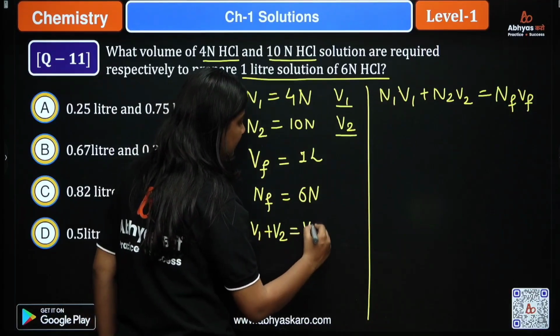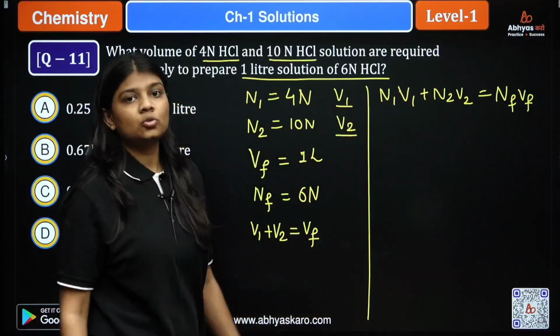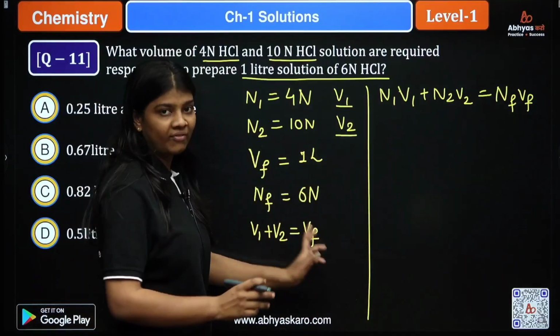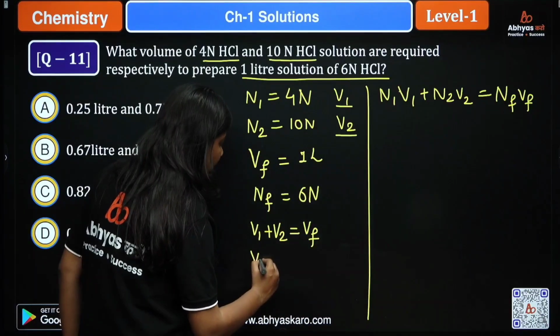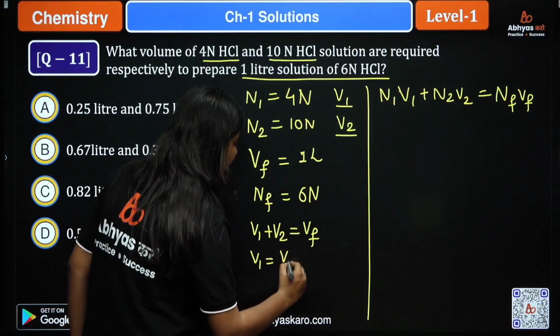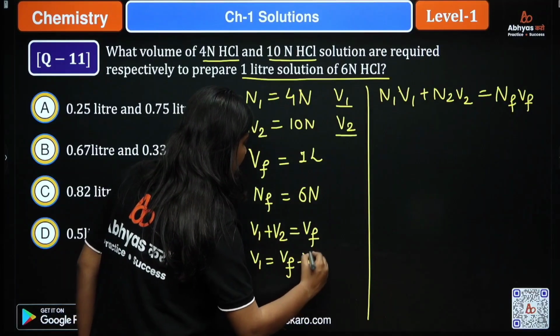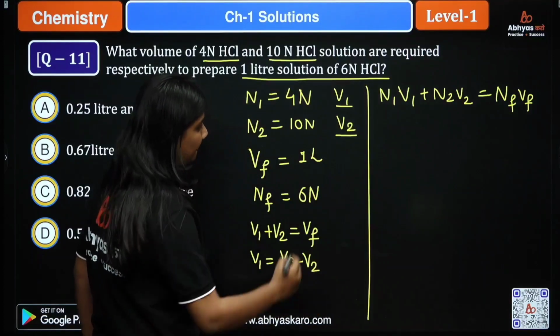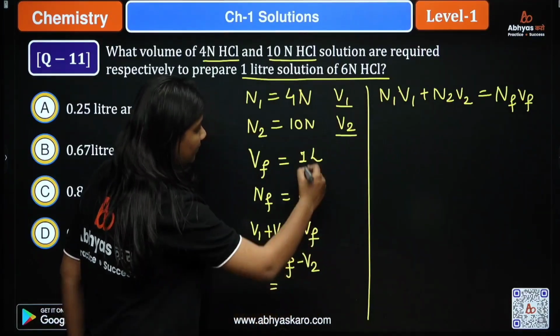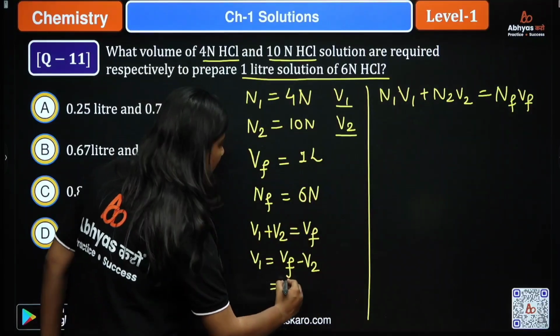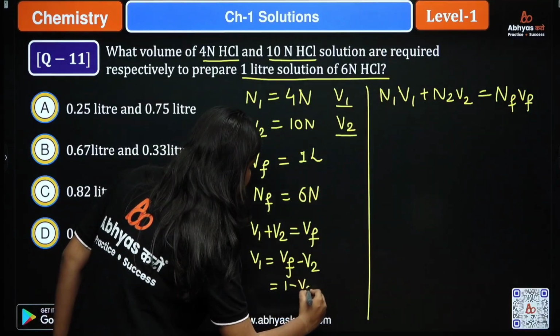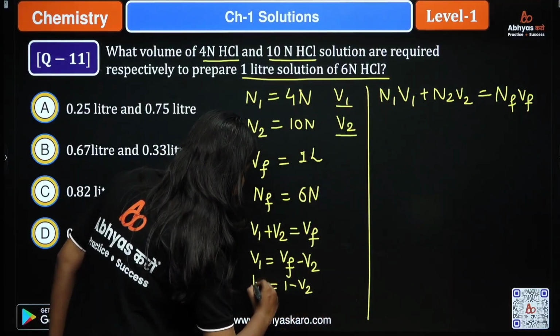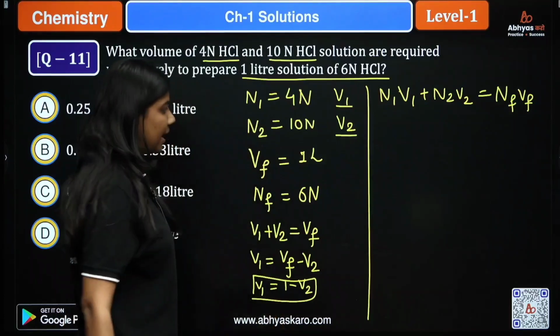Can I write like this? Yes. So V1 is equal to Vf minus V2, that is 1 liter, so 1 minus V2. Yes or no? Yes.